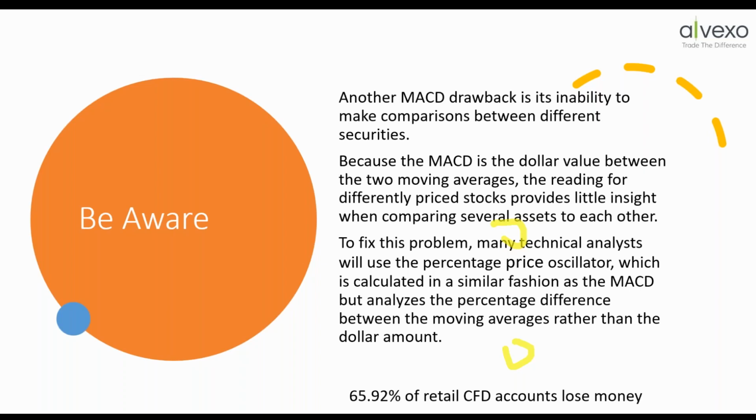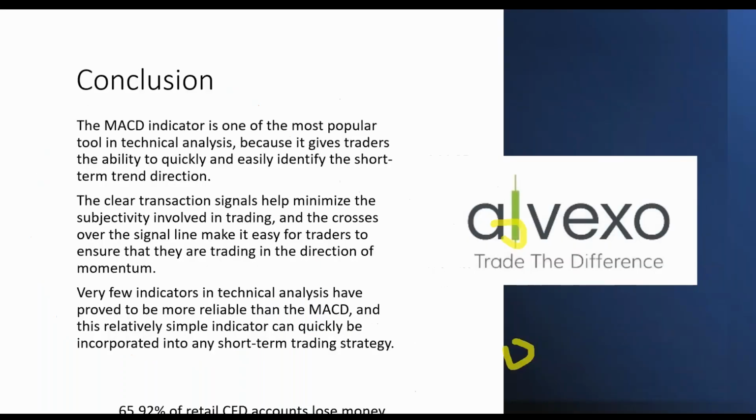Okay, so you need to fix this problem. And you do that by simply watching how MACD reacts to the class of stocks, to the class of assets you're trading, and make some adjustments in your interpretation. But the MACD indicator is one of the most popular tools in technical analysis because it gives traders the ability to quickly and easily identify the short-term trend direction.